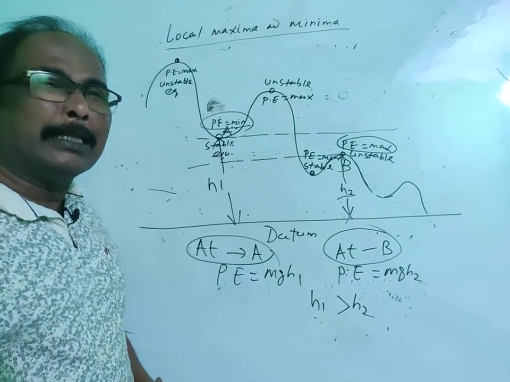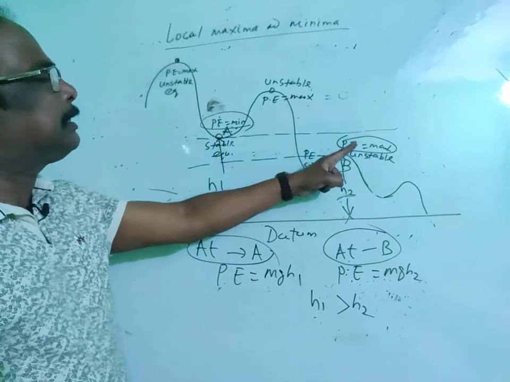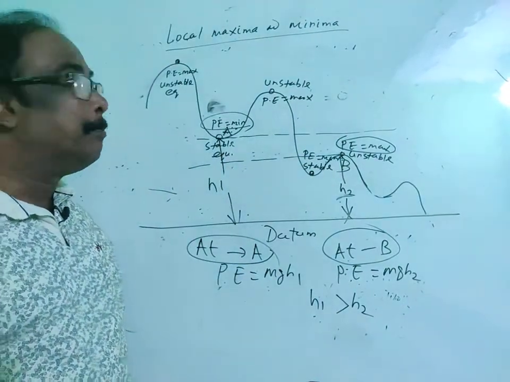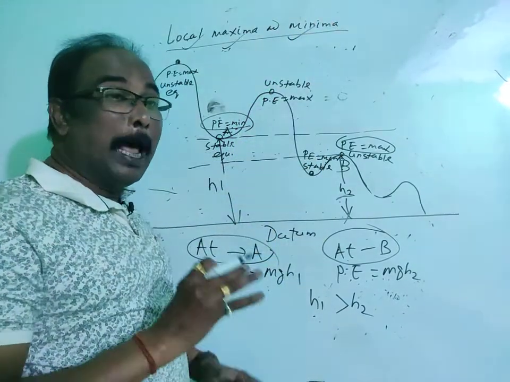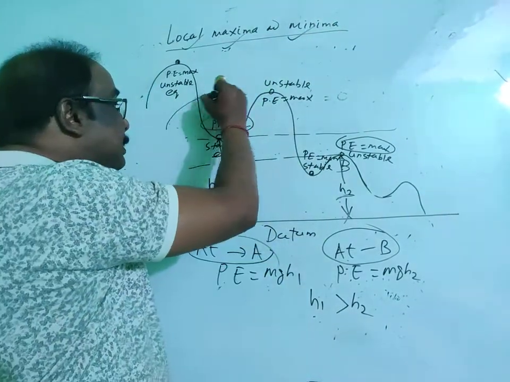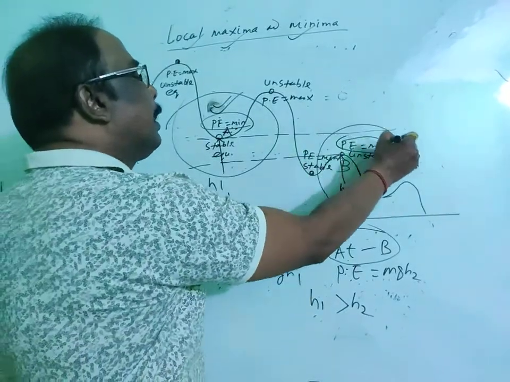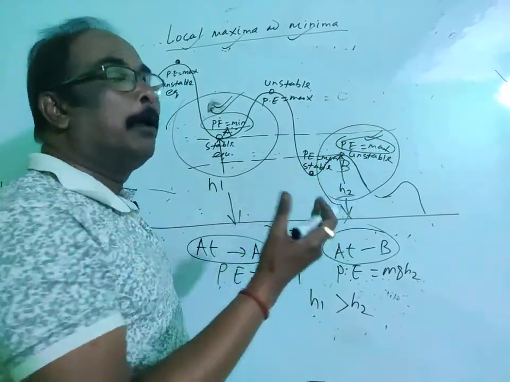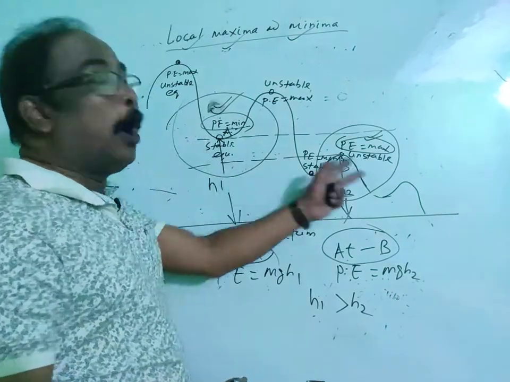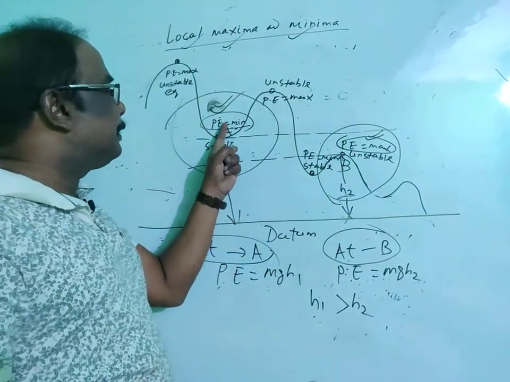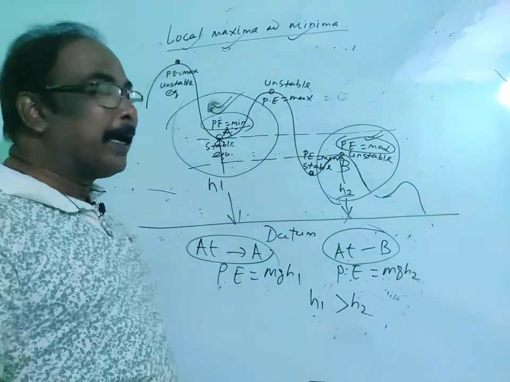Then what is the correct concept? Yes, this is a minimum potential energy. Yes, this is maximum potential energy. But if you consider local maxima and minima, for this locality, potential energy is minimum. For this locality, potential energy is maximum. Practically, if you compare all, then at this position potential energy is minimum, at position B potential energy is maximum.